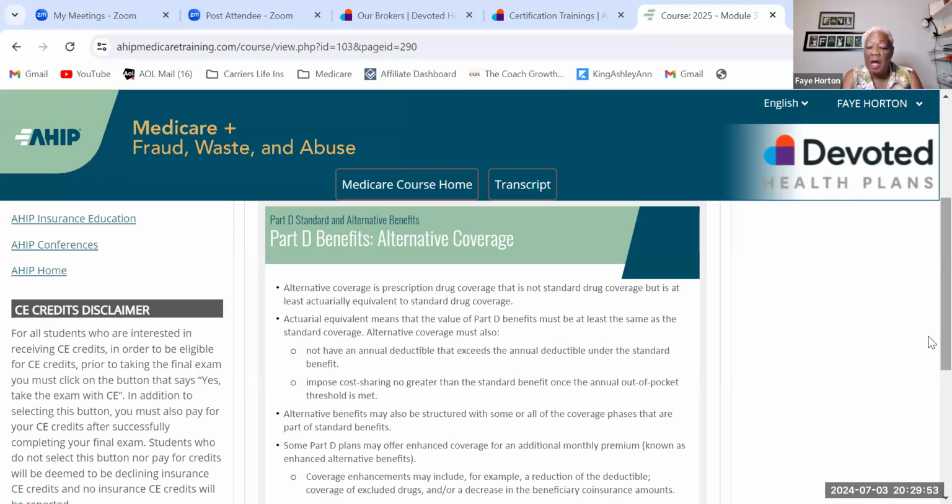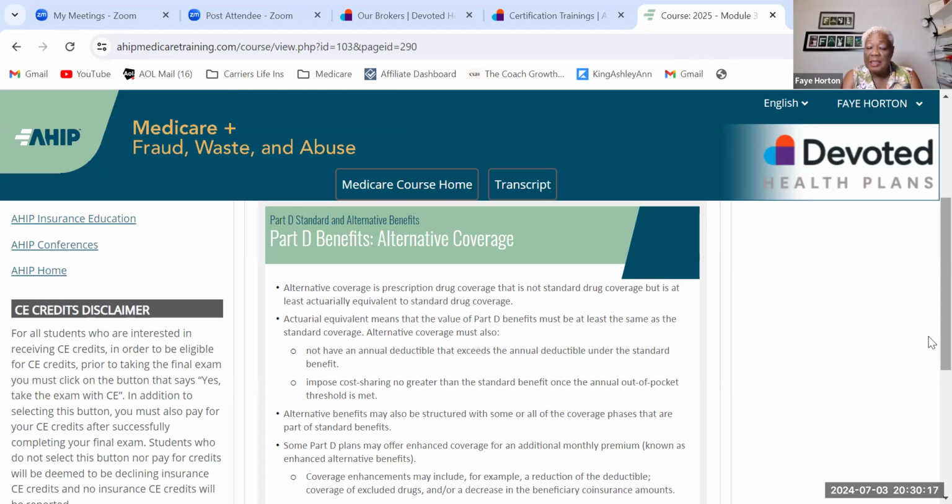Alternative benefits may also be structured with some or all of the coverage phases that are part of the standard benefit. Some Part D plans may offer enhanced coverage for an additional monthly premium known as enhanced alternative benefits.